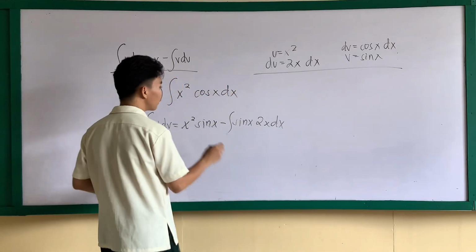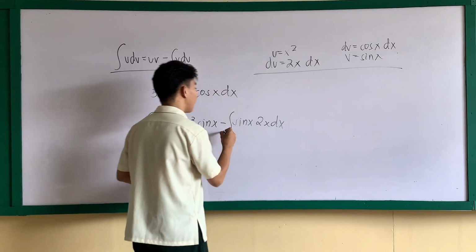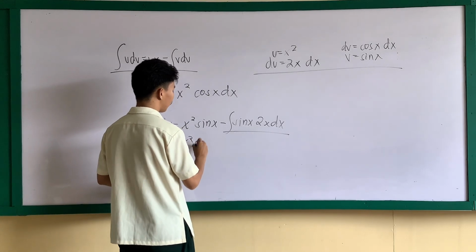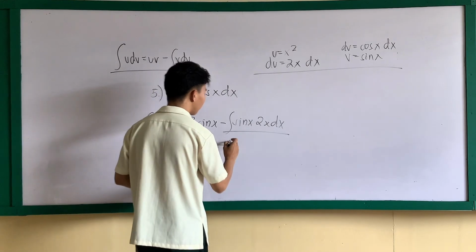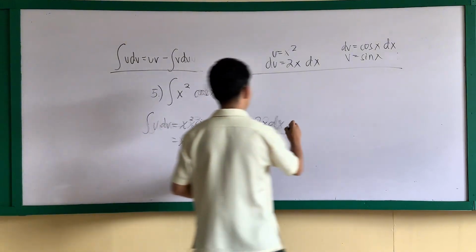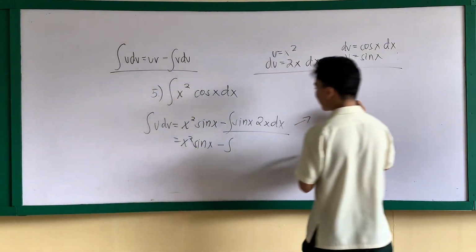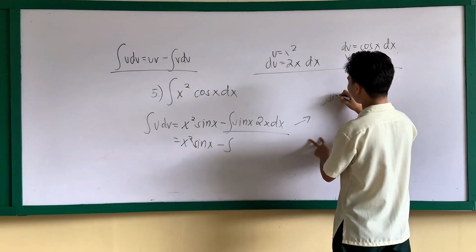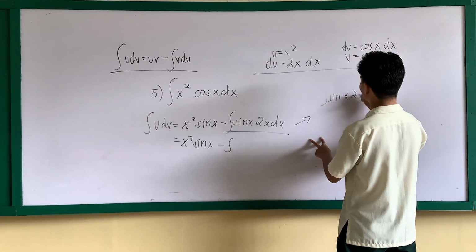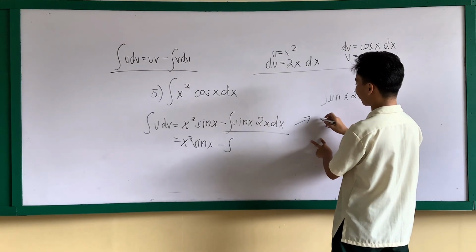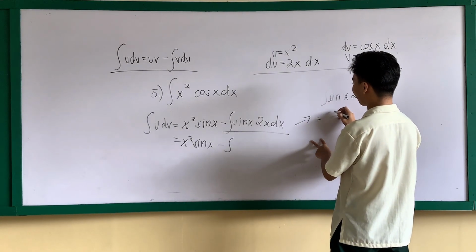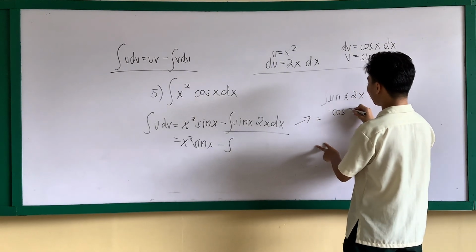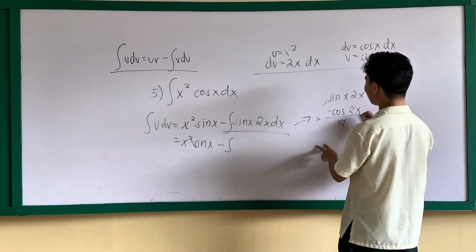So now we're going to integrate this term. So we need to copy this, x squared sine x minus, to integrate this it's going to be negative cosine x over 2.